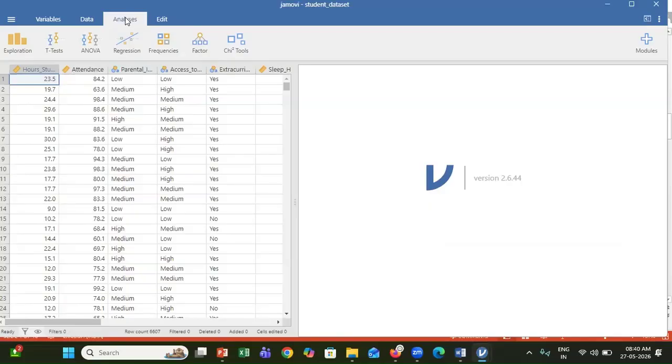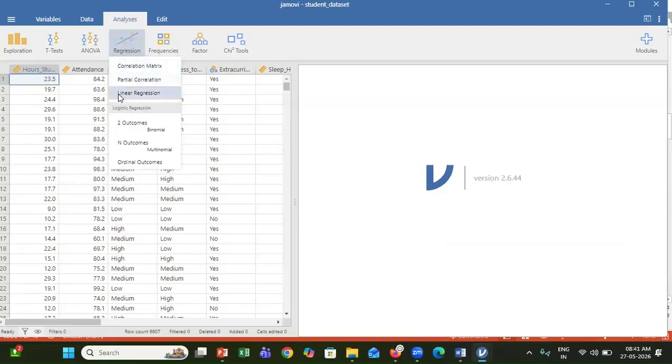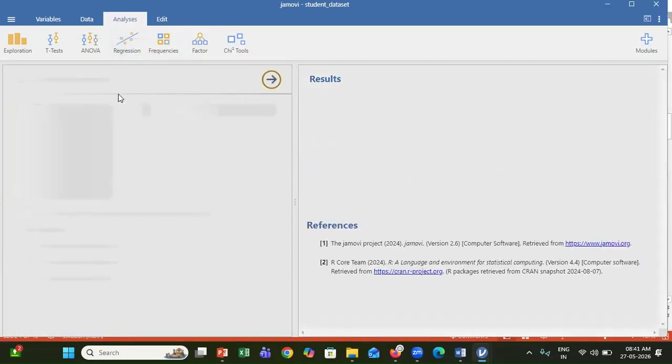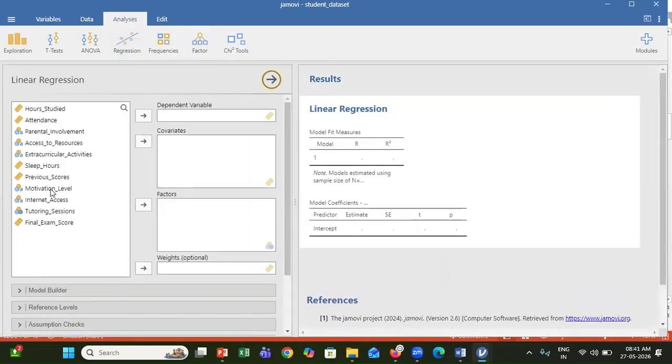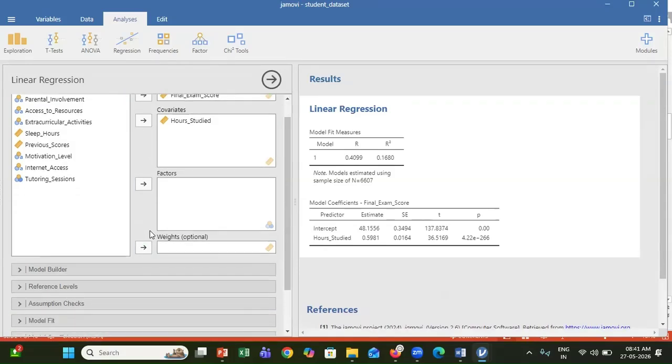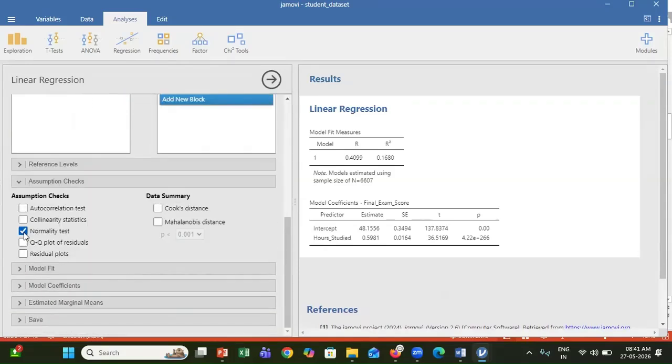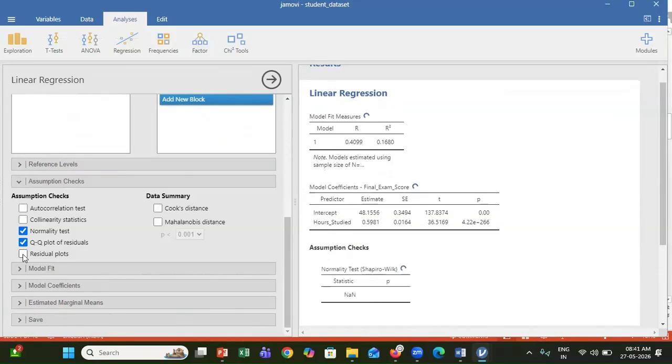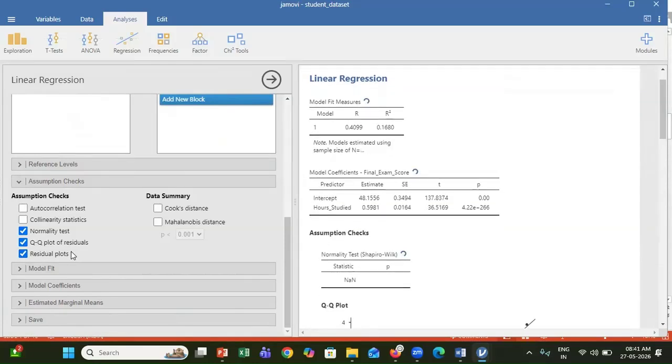I will go to analysis, then to regression, then click on linear regression, move the outcome variable, which is final exam score, to the dependent variable box, and move the predictor variable into the covariate box. After assigning variables, I will select the outputs: normality test, QQ plot, residual plots.